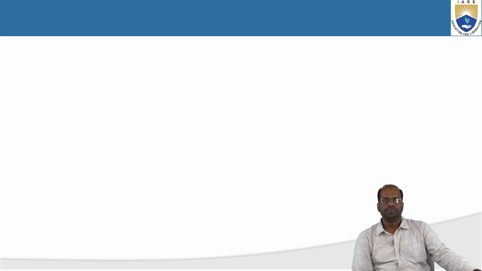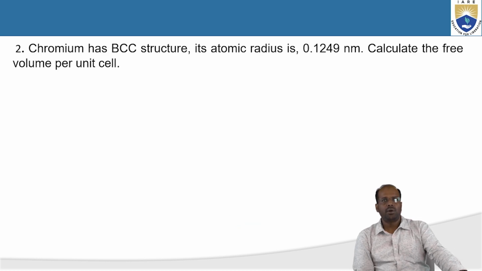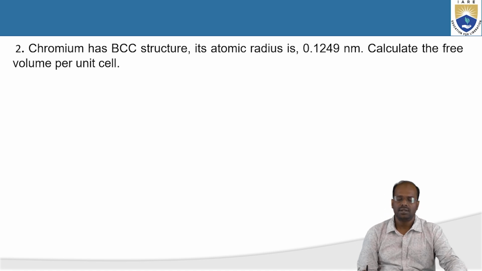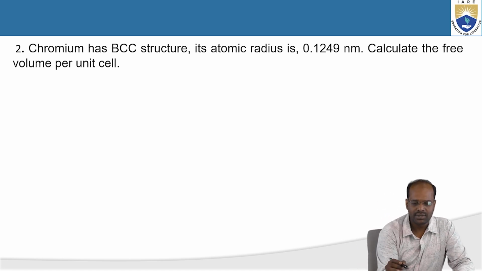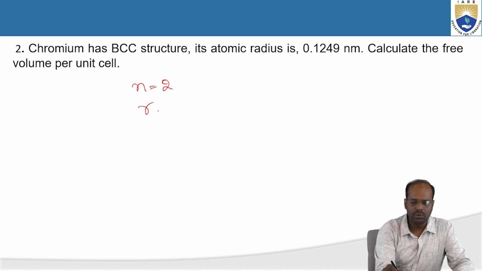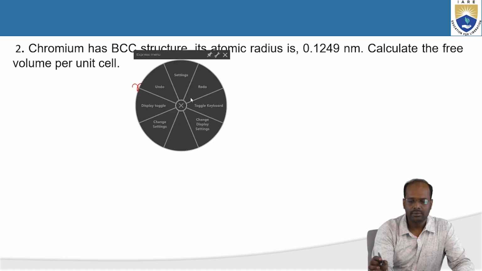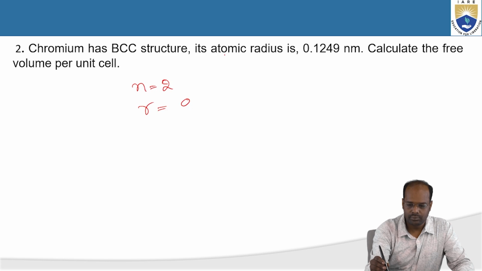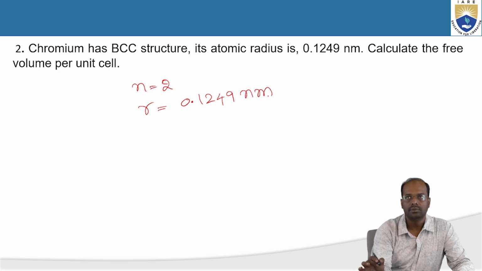Next problem. What is the second problem they are asking? Chromium has a body-centered cubic structure, so the number of atoms N is equal to 2. The atomic radius R is 0.1249 nanometers.